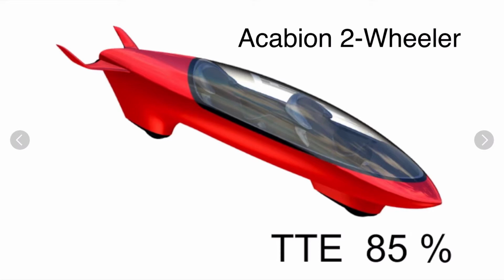And the other important factor is that you are not really sitting here in this bike. You are almost laying here, like in a sofa. And this also reduces the front area, apart from the fact that you have here a very good drag coefficient for this type of vehicle.